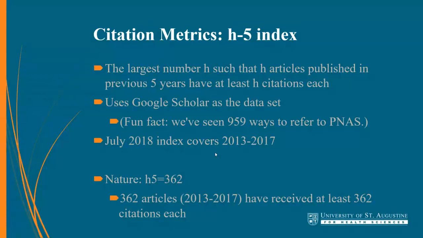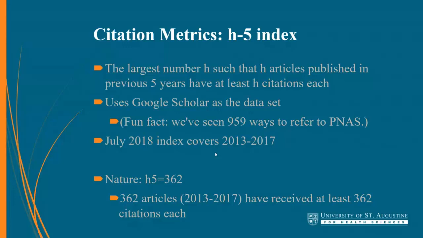Nature has an H5 of 362. That means that in the previous 5 years, when this was calculated in 2018, 362 of Nature's articles had 362 citations each. So that's that maximum number. There might have been an article in there with 600 citations, but where those two numbers settle in to equal each other is what we're looking at when we look at the H5.